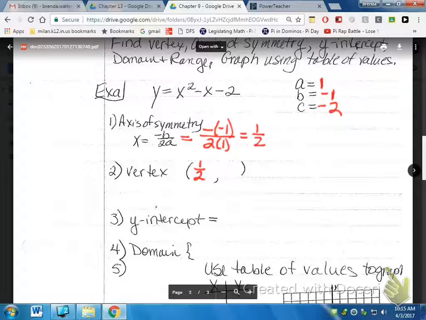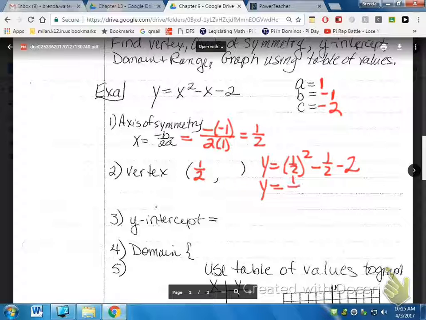To get the rest of the vertex, you have to see what point matches that for the y. So you would say y equals, and you plug it in to the function. 1/2 squared minus 1/2 minus 2. Okay, more power to you if you got a calculator with the fraction button.